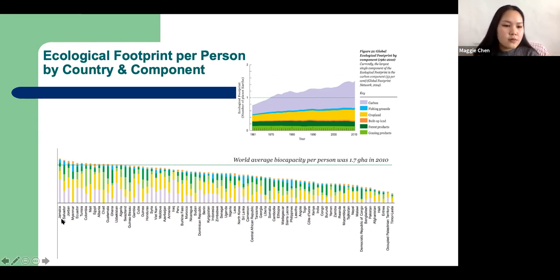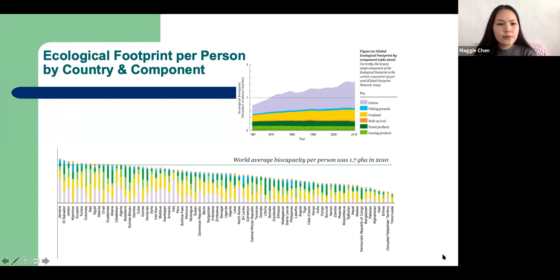We see that for developing countries, their ecological footprint and carbon footprint are a lot lower, for many different reasons, but probably because they use less fossil fuels in their transportation industry, and they are more reliant on croplands and food production, which is what makes up most of their ecological footprint. So the differences between both are pretty big.